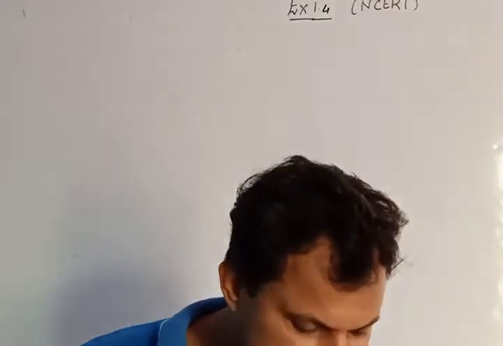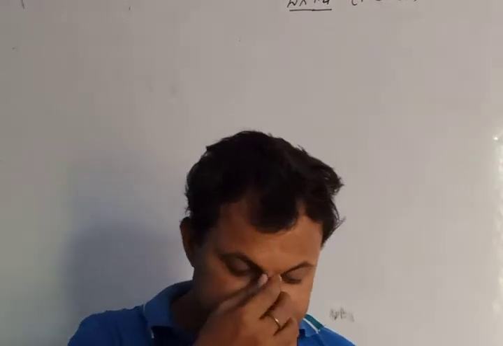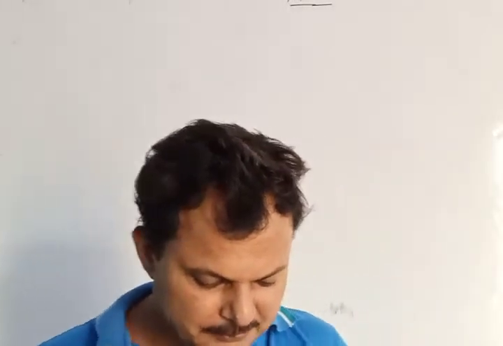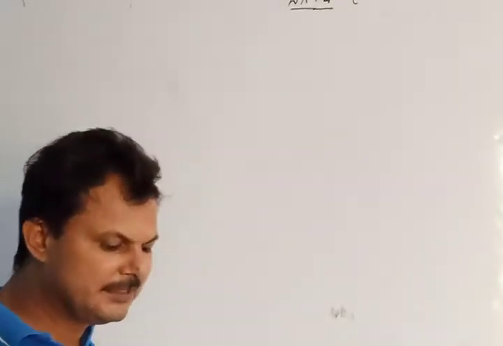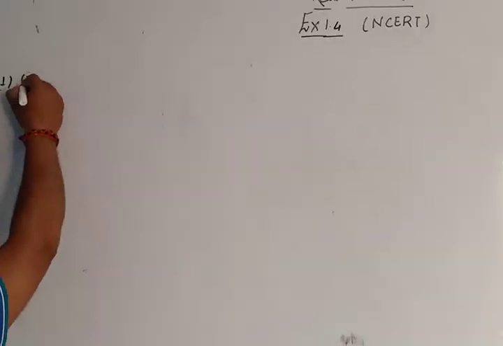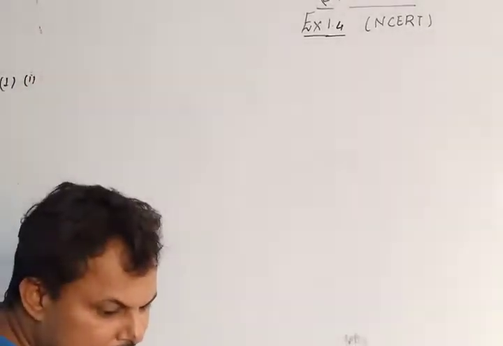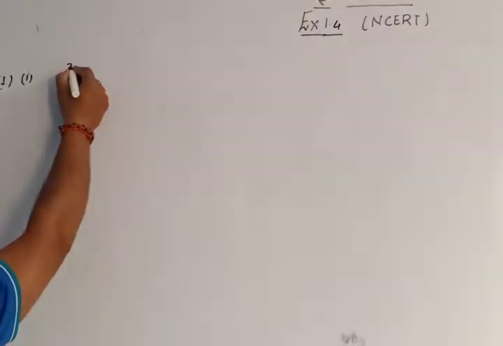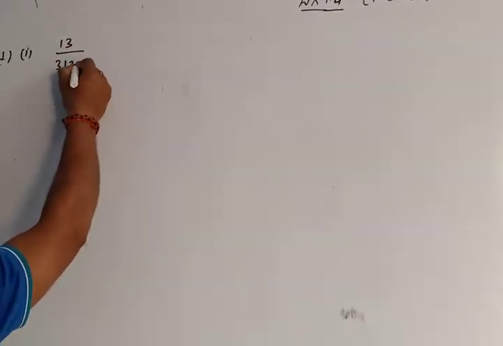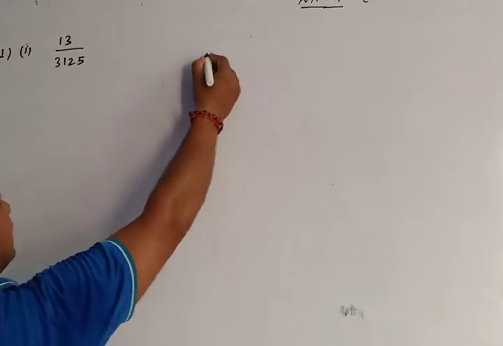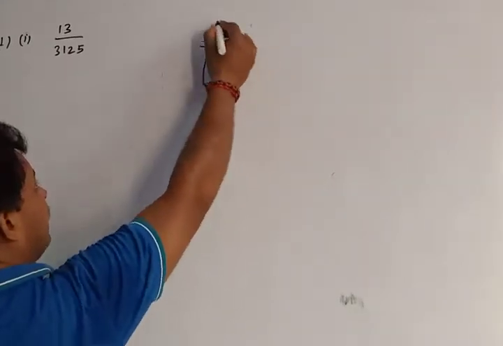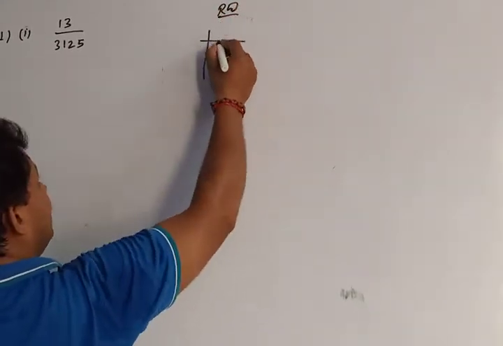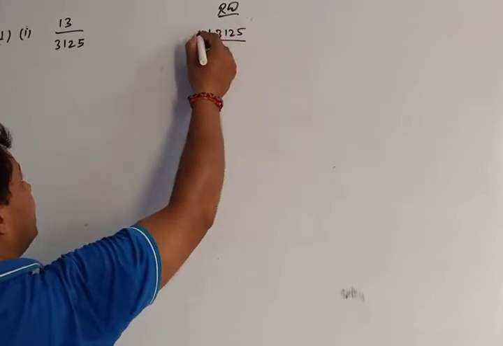The first question of this exercise 1.4 states that you have to decide which rational number will be terminating and which will be non-terminating. The first one given is 13 upon 3125. Here the denominator, in rough work, you can do 3125.